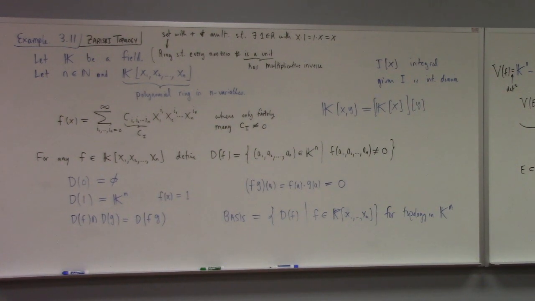Conversely, given any f in I, there is an integer n greater than 0, polynomials f1 through fn in E, and g1 through gn in K[x1, ..., xn], such that f is the linear combination of them.